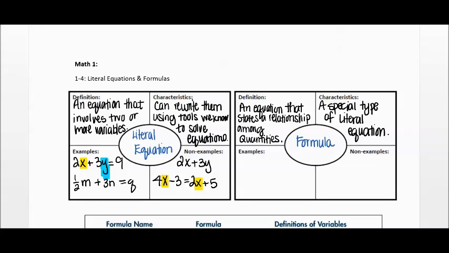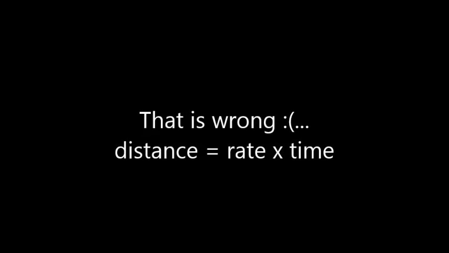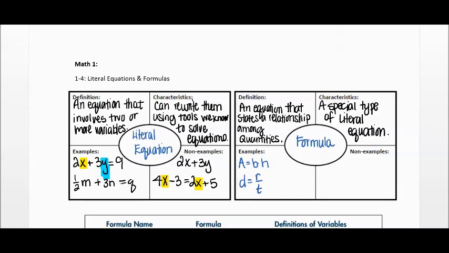So some formulas you may know are area formulas. Area equals base times height. Or maybe you know the formula for distance equals rate over time. So we see we have more than one variable going on in a lot of these.